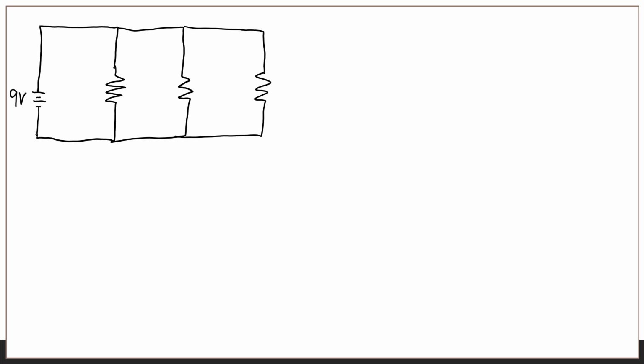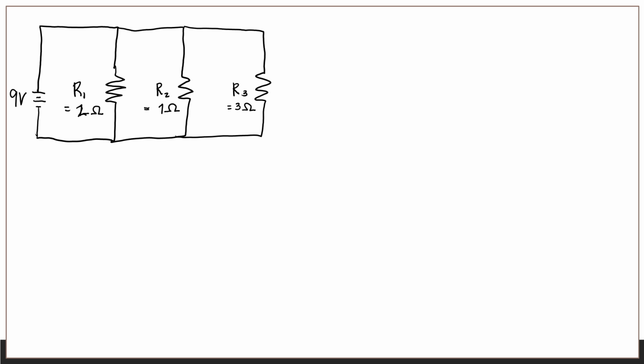Let's label them R sub 1, R sub 2, and R sub 3. Now, let's assume that R sub 1 is equal to 2 ohms, just like in the previous problem. Let's say R sub 2 is 1 ohm, and R sub 3 is 3 ohms.